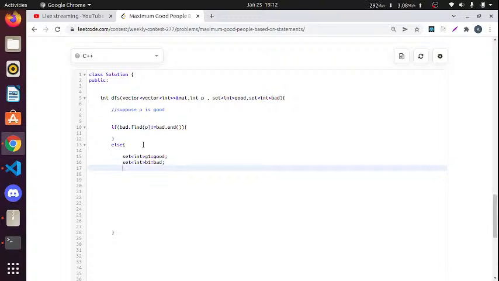And suppose he is telling us the truth, right? So suppose he is telling the truth. So what will he do? He will do that, okay?